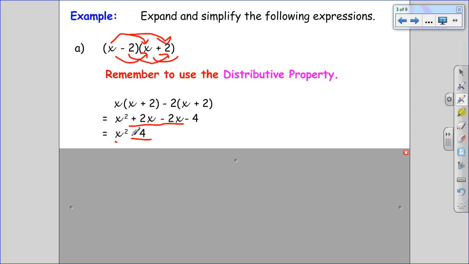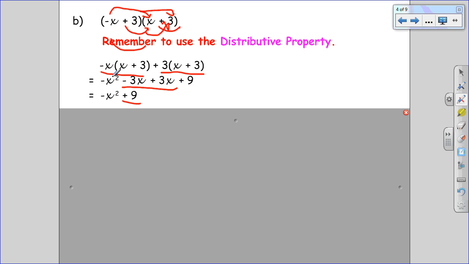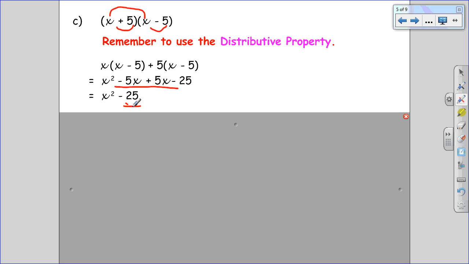If I forget the sign here, I can take the square root of 4. And I can take the square root of 9. And I can take the square root of 25. So if I'm just looking at the number part, they're all perfect squares.